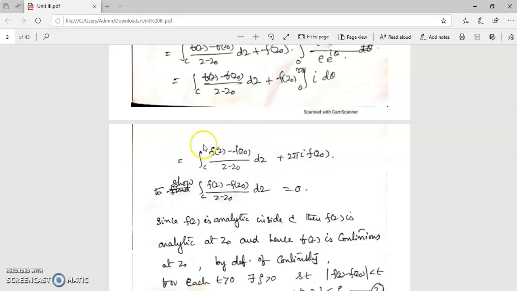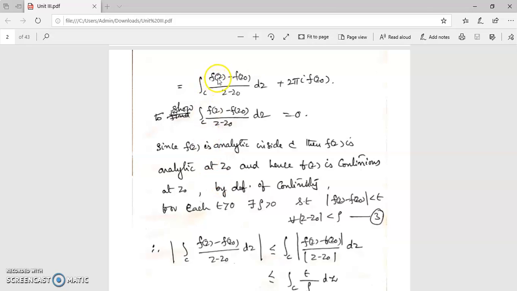Now we shall prove that the other integration is equal to 0. How do we prove it? We know that the function f(z) is analytic, which means it is differentiable everywhere, and every differentiable function is continuous. As f(z) is analytic at z0, it is also continuous at z0.